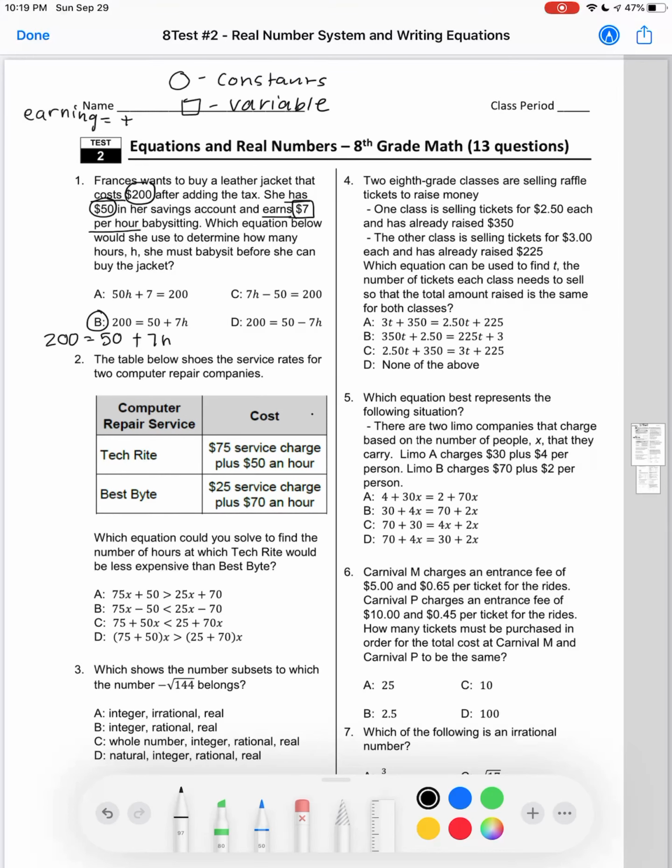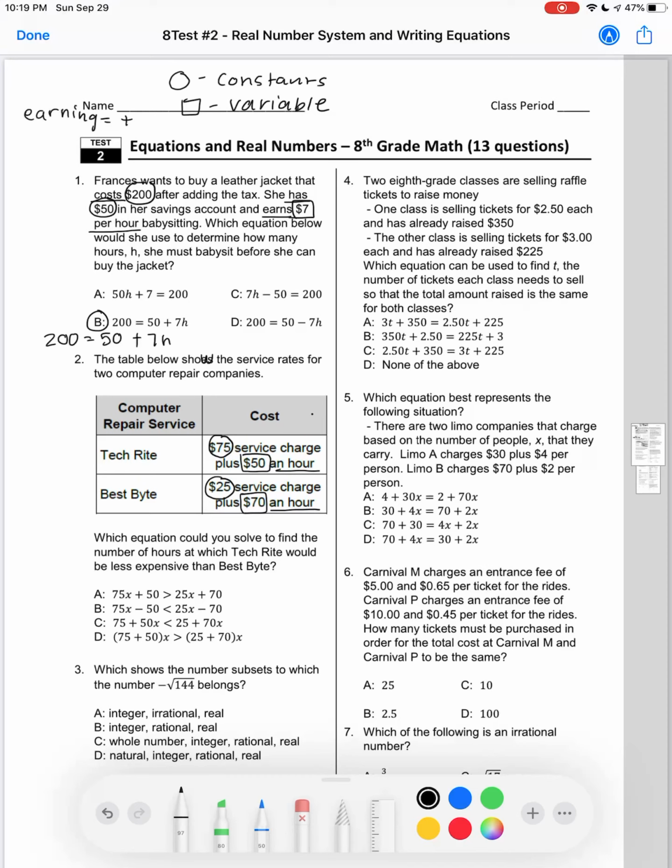Alright, the table below shows the service rates for two computer repair companies. So we have TechRite and Best Bite. So $75 service charge plus $50 an hour. $25 service charge plus $70 an hour.